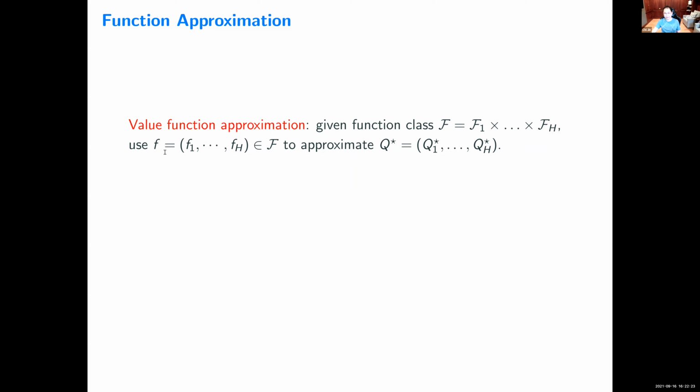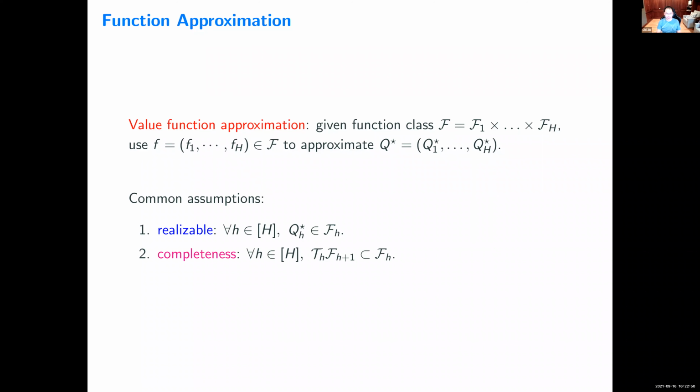I will also use F, without any index, to denote a vector of these value functions. The whole point of value function approximation is that I want to find a function inside this function class so that I can approximate the optimal value function, which is Q star, the value function of the optimal policy.